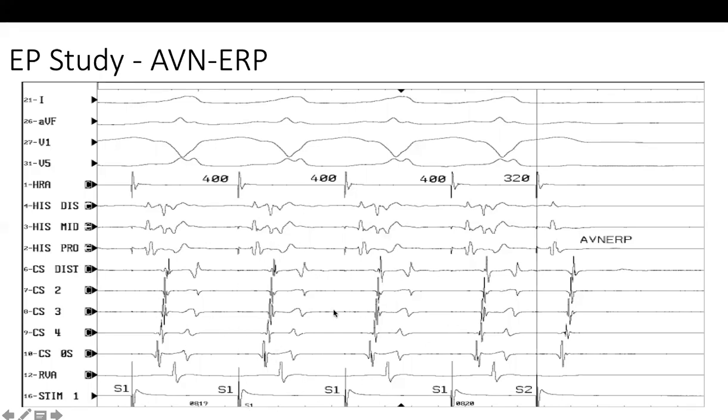For example, if I show this to our colleagues in the EP lab, in our lab, they will not be familiar with this because this one is in the opposite direction. For example, the CS distal, they put it up, and the CS proximal, they put it down.